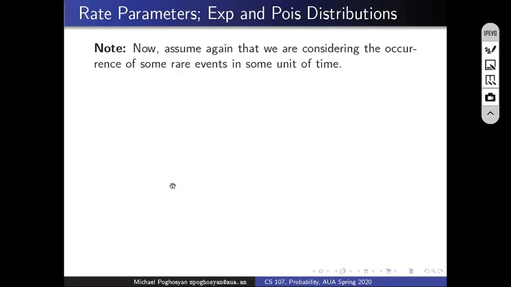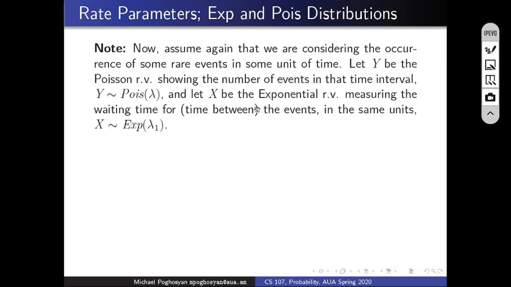Now going back to our rate parameter and the exponential and Poisson distributions. Now assume again that we are considering the occurrence of some rare events in some unit of time. Let y be the Poisson random variable showing the number of events in the time interval.